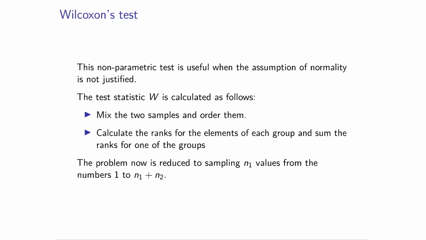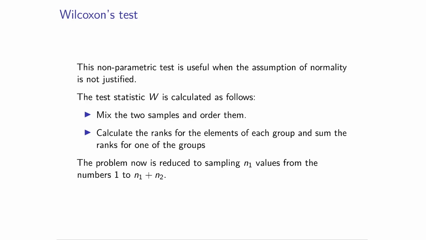However, if we do not want to make any distributional assumption, we can opt for a non-parametric test, such as Wilcoxon's test. This test is useful when the assumption of normality is not justified. To calculate the test statistic W, we follow this procedure. We mix the two samples and then order them.